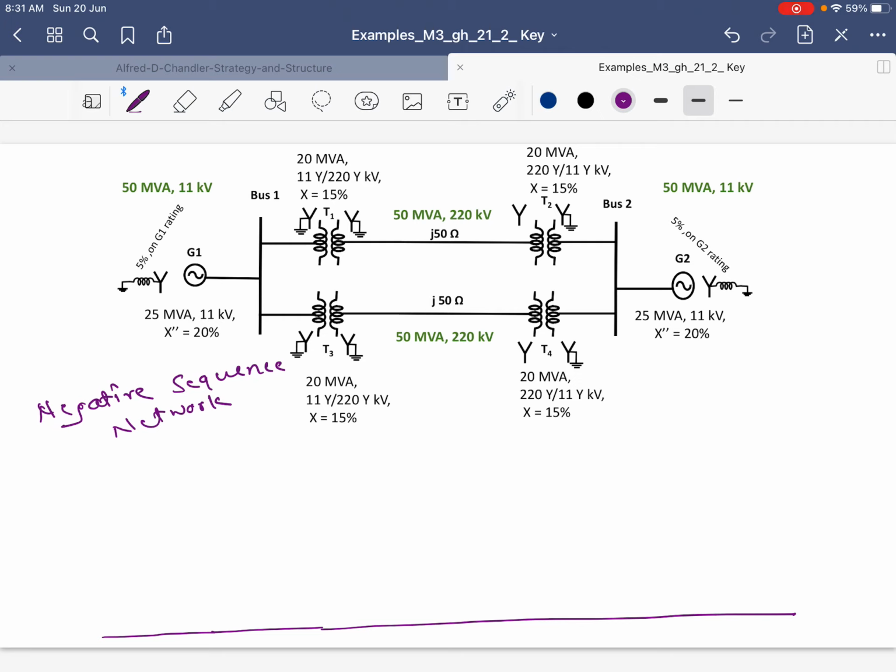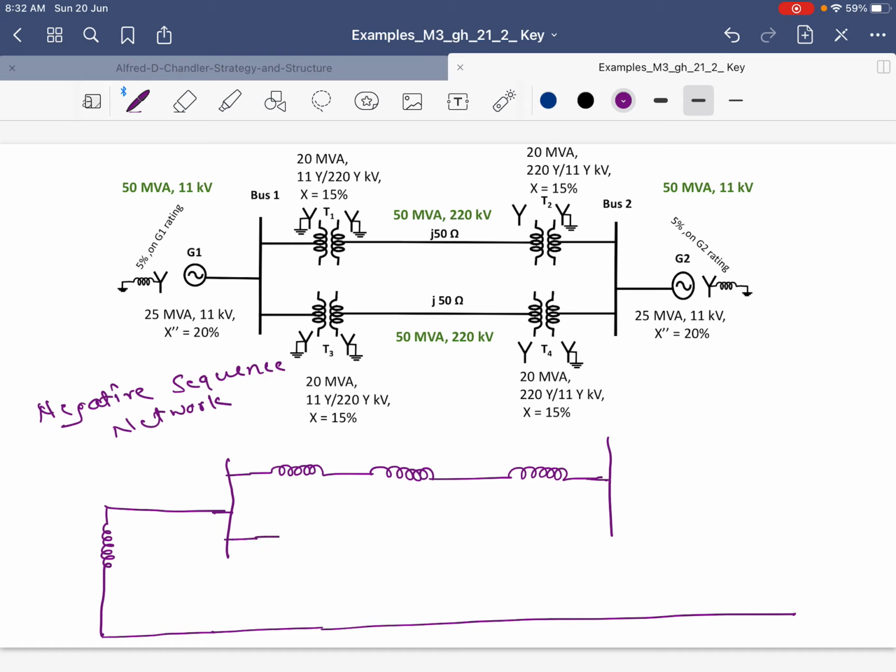Once again, we have to start with the reference. Then start with the generator. It is represented by a reactance, the negative sequence reactance. Then it is connected to bus number 1. Then it is T1, transmission line, and T2, and is connected to bus number 2.